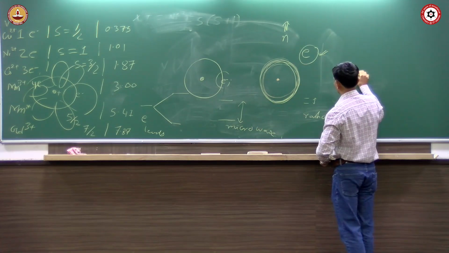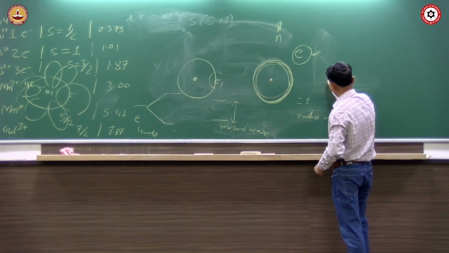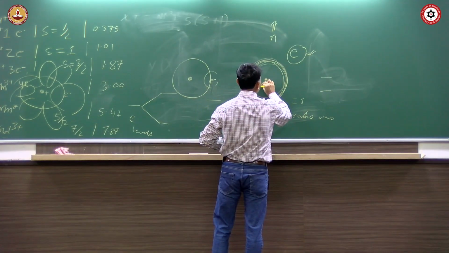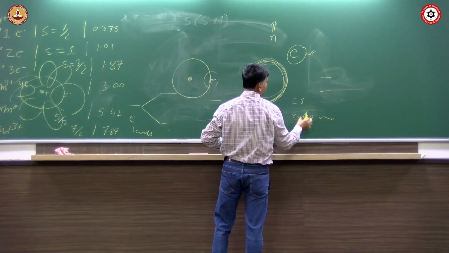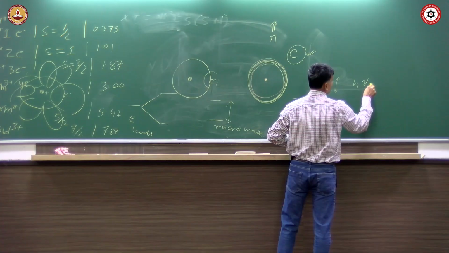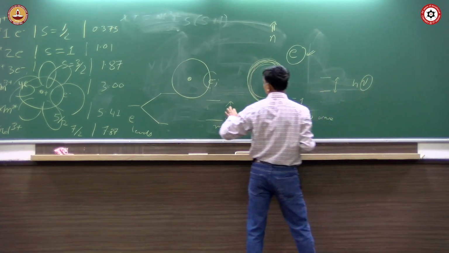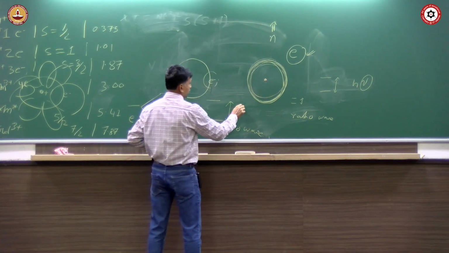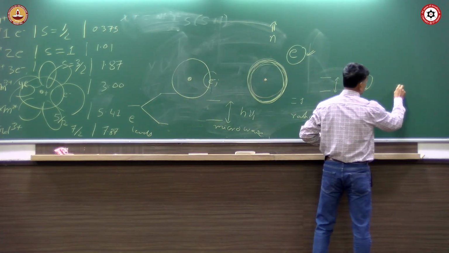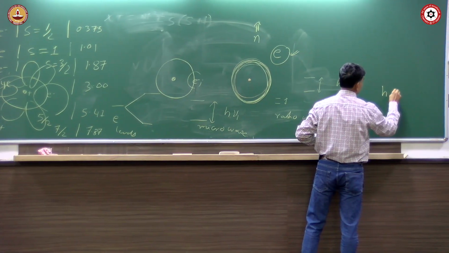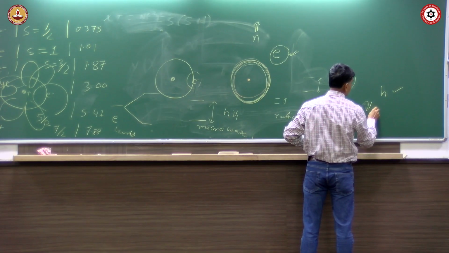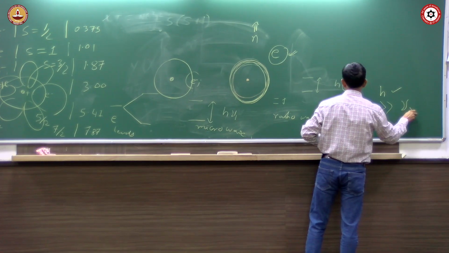Here in NMR we are only looking at the nucleus and its separation. The nuclear energy level separations are smaller, that's why the frequency is lower. This is equivalent to h nu, so nu will be smaller when the energy difference is smaller. Here it is higher, so nu 1, and here nu 2; h, the Planck constant, is the same, and nu 1 is always greater than nu 2.